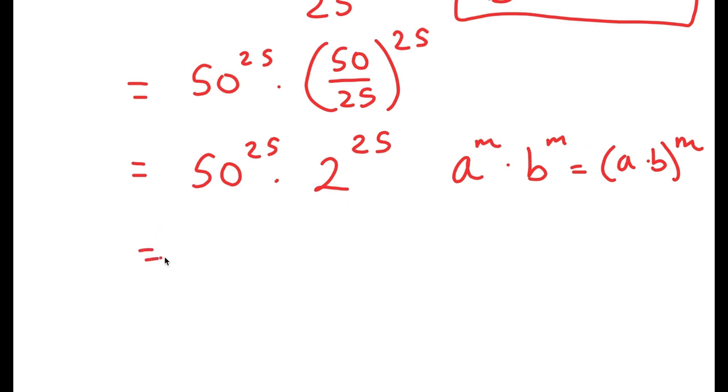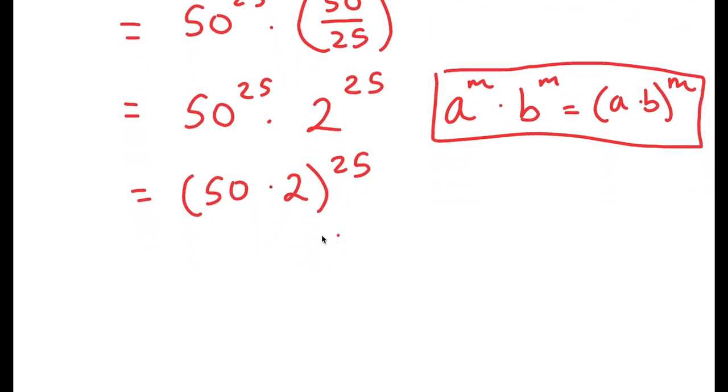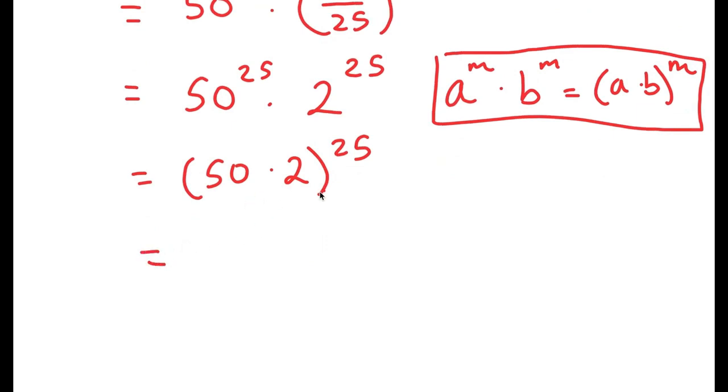So in this case, I have 50 to the power of 25 times 2 to the power of 25, and this can be rewritten as 50 times 2 to the power of 25. Now 50 times 2 is 100, so I get 100 to the power of 25.